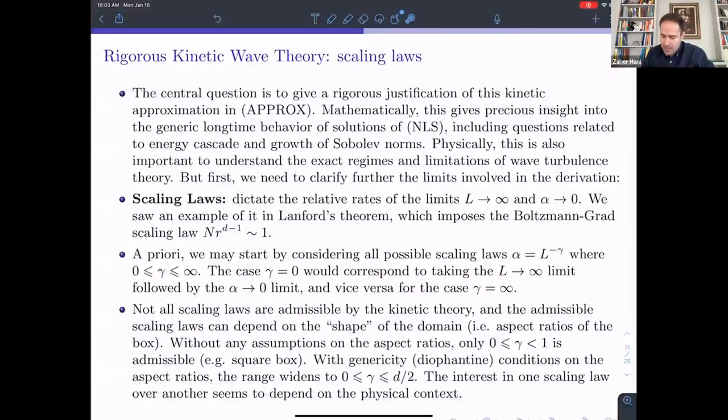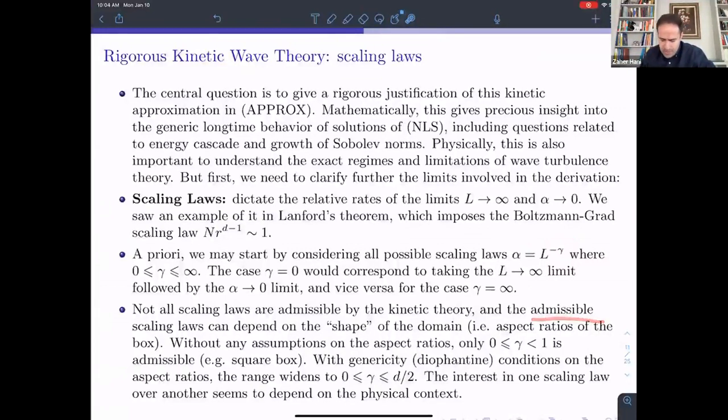So not all scaling laws are admissible by the kinetic theory, and there's a range of admissibility, which is the range of gamma. The question is exactly: what are the values of gamma that I can take so that I would get a kinetic theory in the limit, or the kinetic equation that I told you about, in the limit?